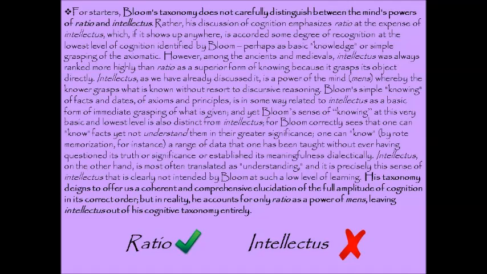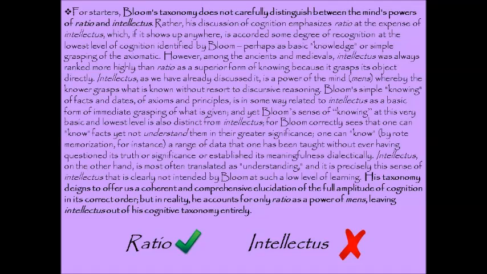For starters, Bloom's taxonomy does not carefully distinguish between the mind's powers of ratio and intellectus, two terms we discussed earlier. Rather, his discussion of cognition emphasizes ratio at the expense of intellectus, which, if it shows up anywhere, is accorded some degree of recognition at the lowest level of cognition identified by Bloom, perhaps as basic knowledge or simple grasping of the axiomatic.